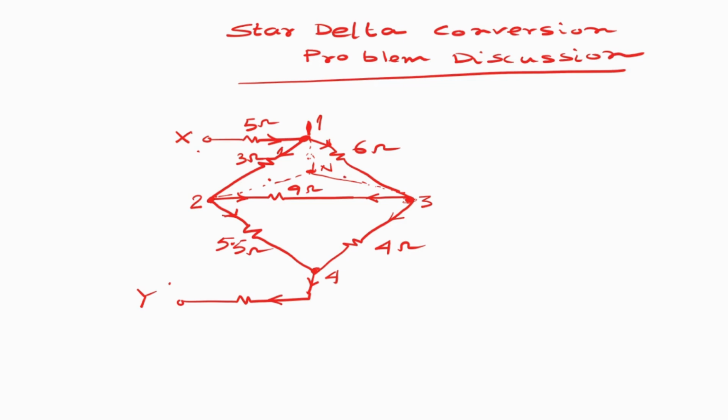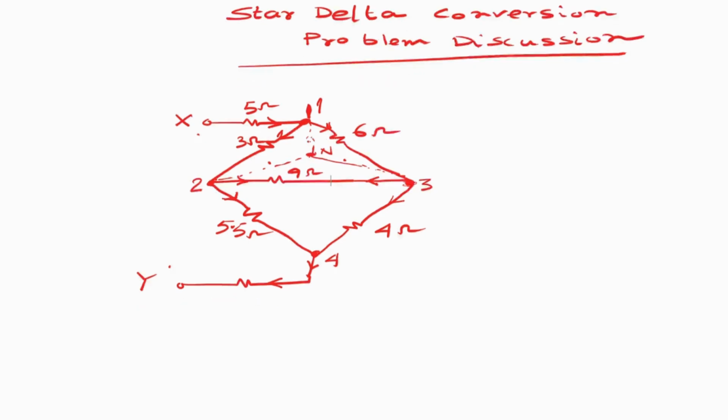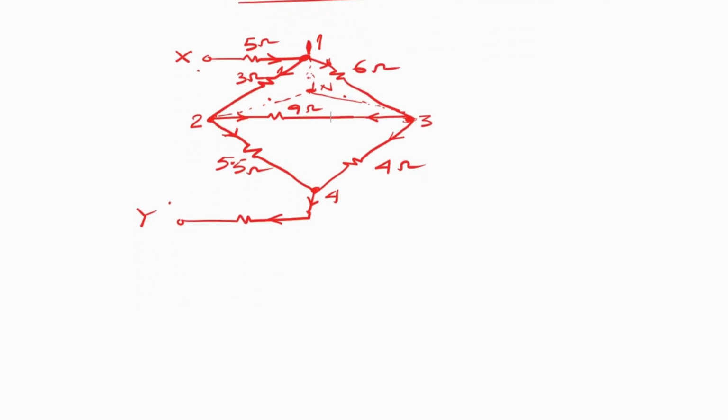We remove the 3 ohm, 9 ohm, and 6 ohm resistors of the delta connection and keep only R1, R2, and R3. Now we draw the next connection.